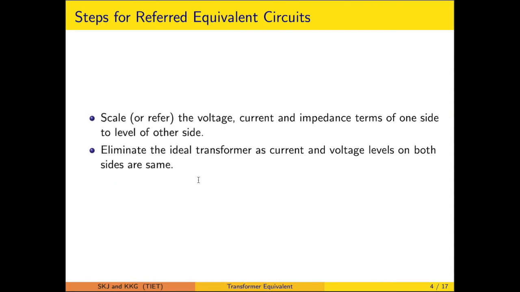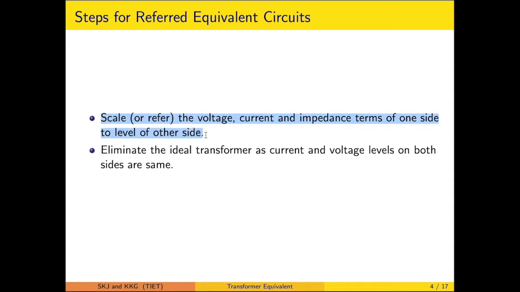Now there are two broad steps to obtain the referred equivalent circuit, where referred means you are interested in obtaining the equivalent circuit referred to the primary side or referred to the secondary side. So the first step is to scale the voltage, current and the impedance terms of one side to the level of the other side voltage and current.